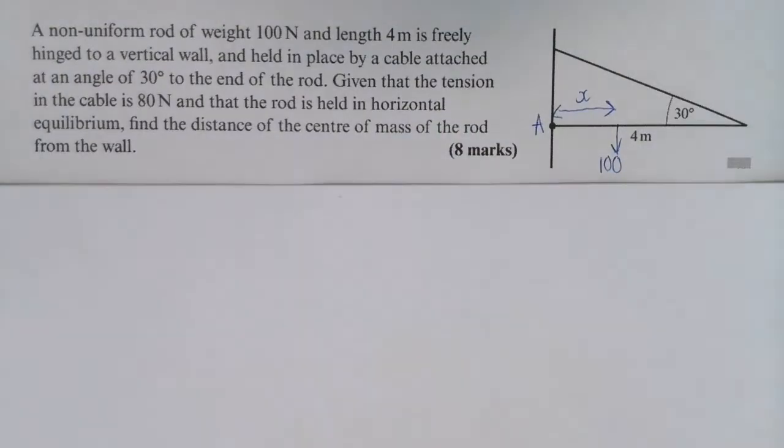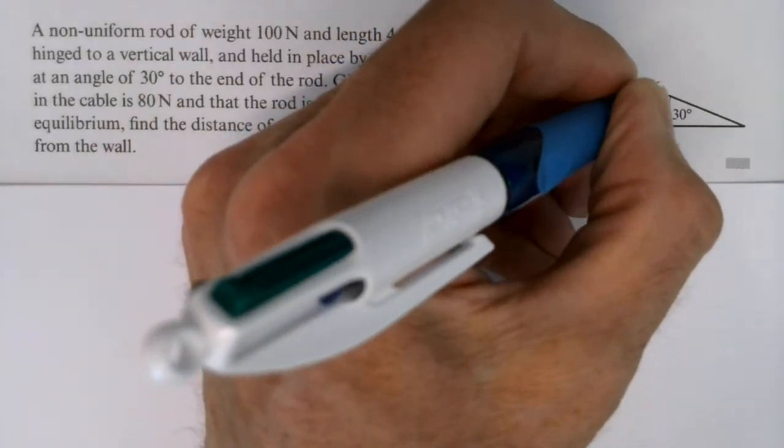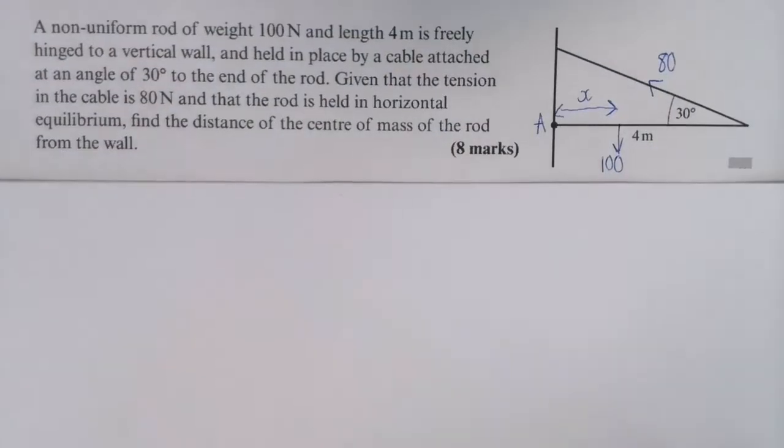If its mass was 100 kilograms, we'd put 100 G, but there we go, it's 100 newtons. We've got a tension in the cable, which is 80 newtons. And we're told it's in equilibrium. And we've got to work out this distance here.